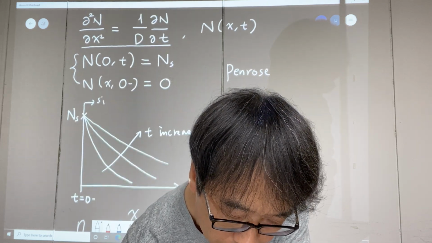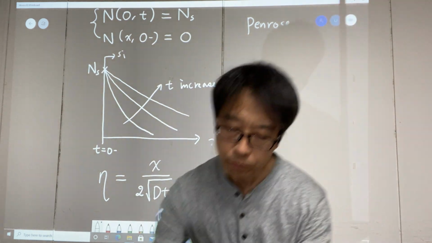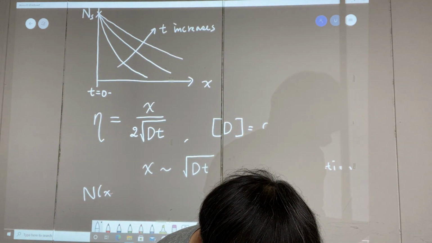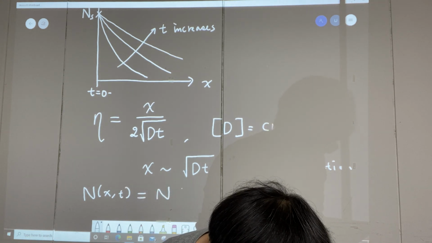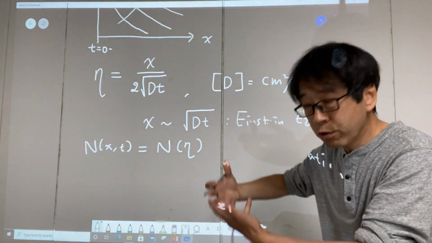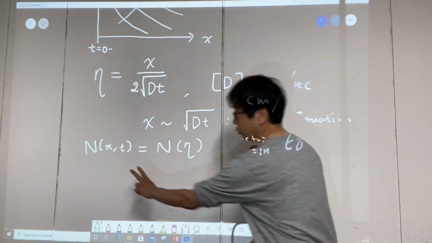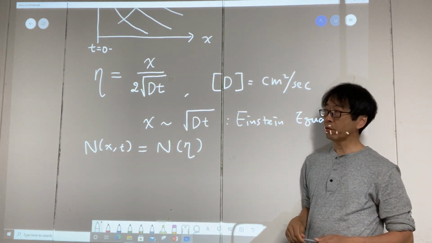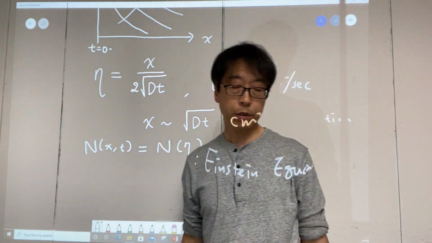So first of all, by having this definition, now n of two variables becomes n of a single variable. In order to transform a partial differential equation with two variables into an ordinary differential equation with one variable, you need to go through chain rules, right?